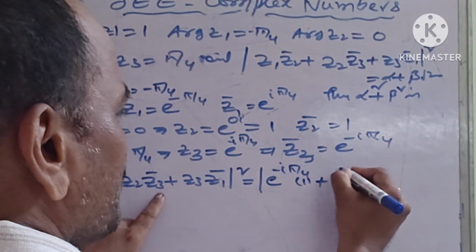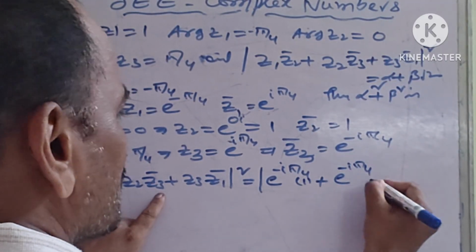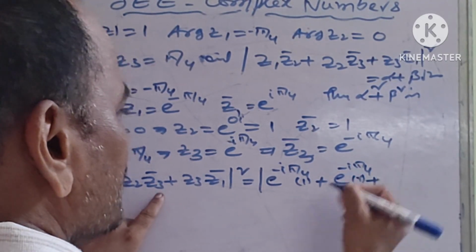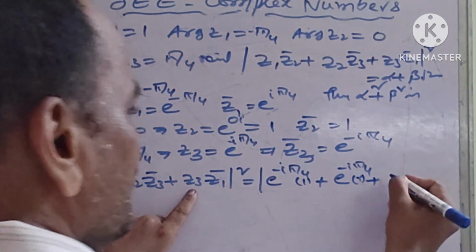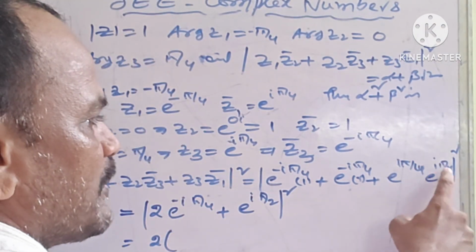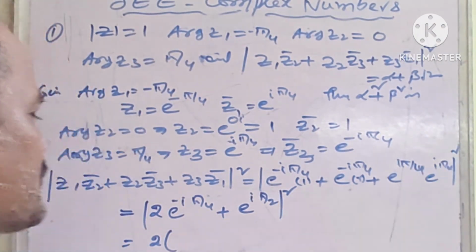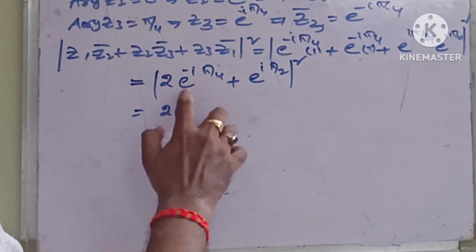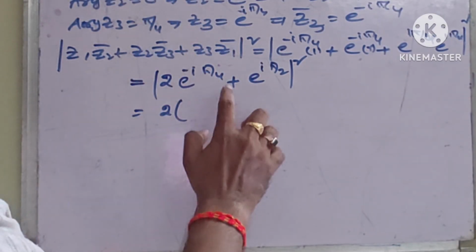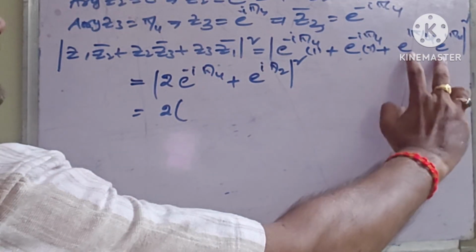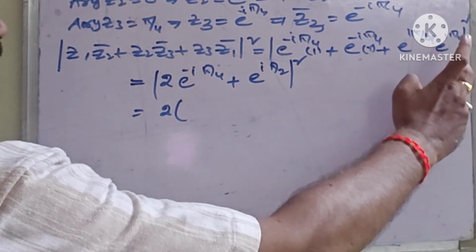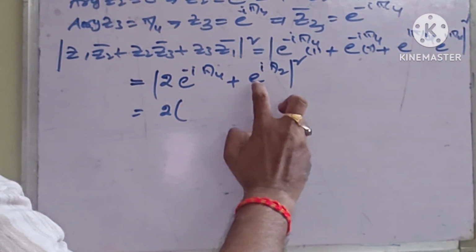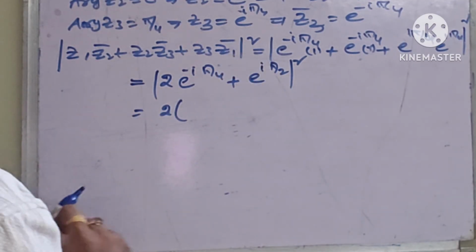Z3 bar e power minus iota pi by 4, so into 1. Z3 e power iota pi by 4, e power iota pi by 4 whole square. So here this one, modulus of 2 e power minus iota pi by 4 plus, here these two add, a power m into a power n is equal to a power m plus n, e power iota pi by 2.